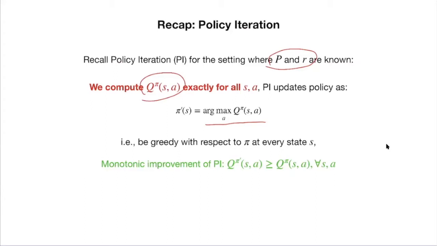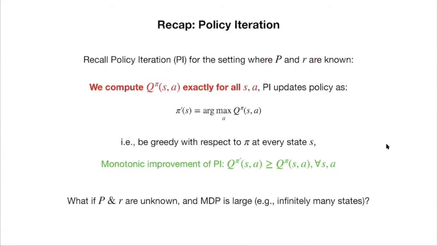We're always doing hill climbing, and in the homework, hopefully you have thought about this problem already. At a point where you cannot make any improvement, then we claim that we are done, in the sense that we found the optimal policy. So that's policy iteration. And the algorithm that we're going to talk about today is very similar to this algorithm, except that we're going to use function approximation to approximate Q pi.